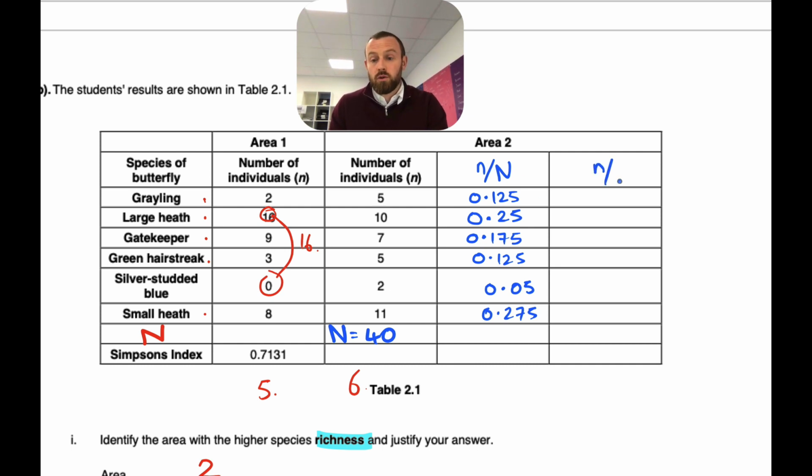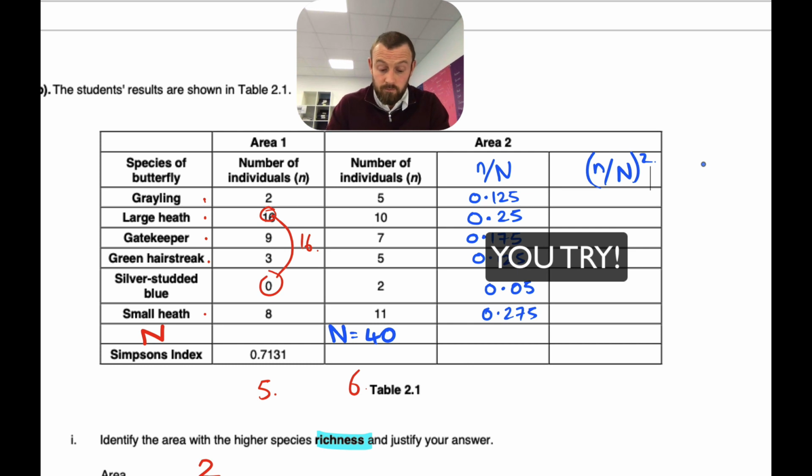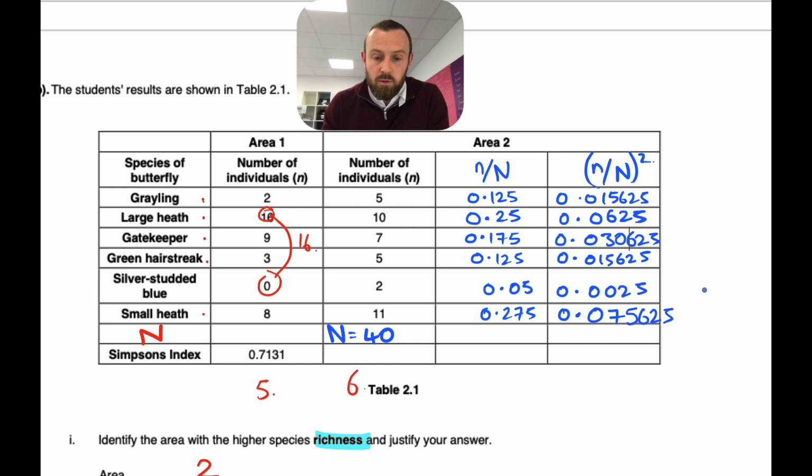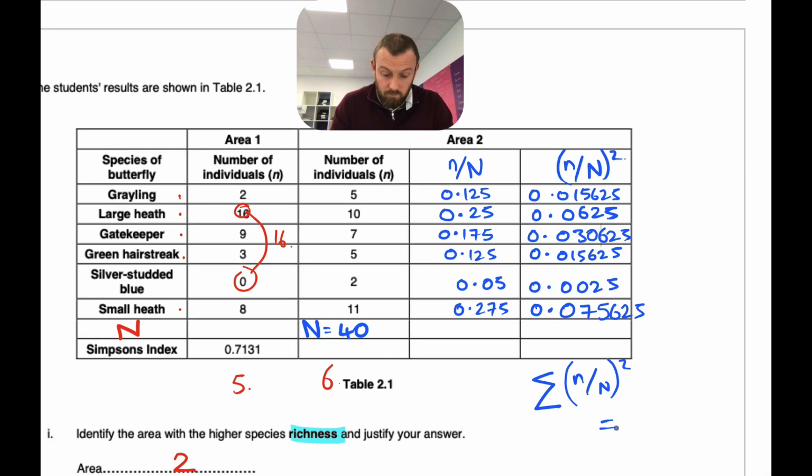And then you've got to square each number. So let's do that. Okay, that's what you get when you square them all. And then we need to add all these up, because remember, we're talking about the sum of n over N all squared. So we're going to total these up, and then we get this number, which equals 0.2025.